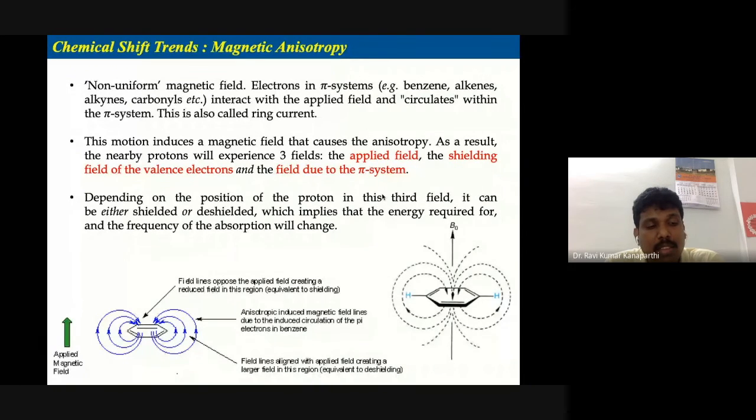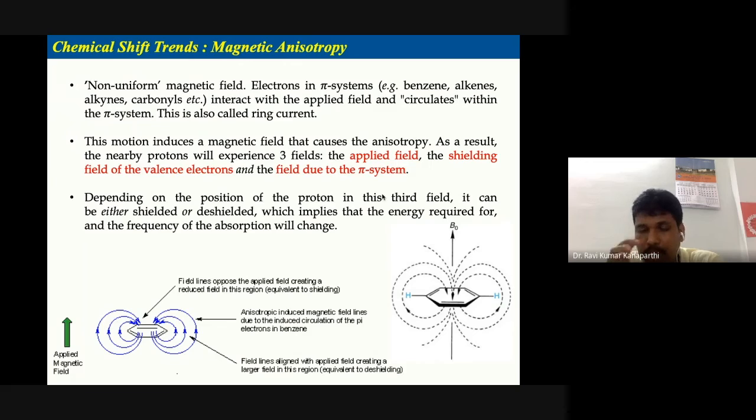In a given molecule, especially the double bond and triple bond molecules, they are not the same as single bonds, and when you place them in the external magnetic field, they don't experience the actual magnetic field strength that you have applied. Rather, they feel the presence of a different magnetic field. What are those?